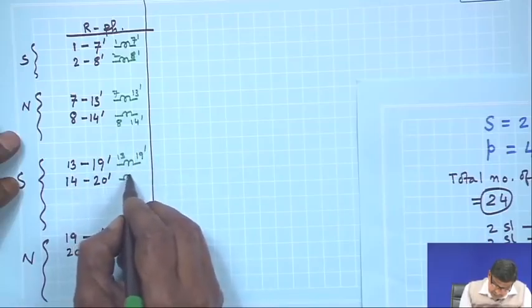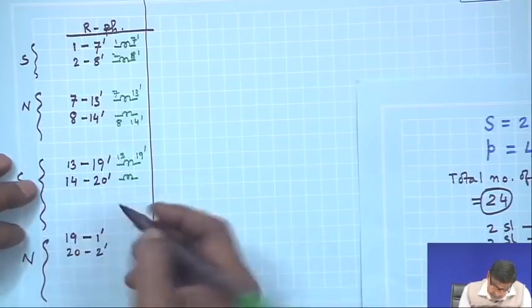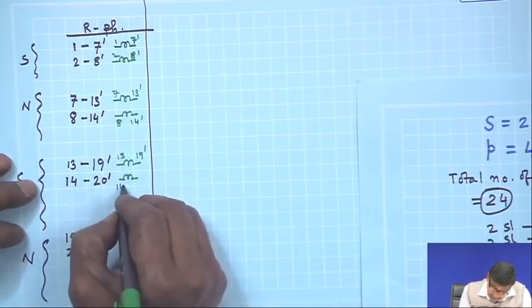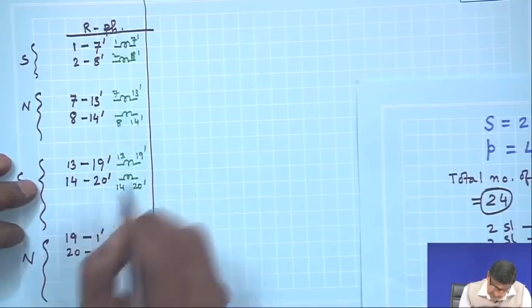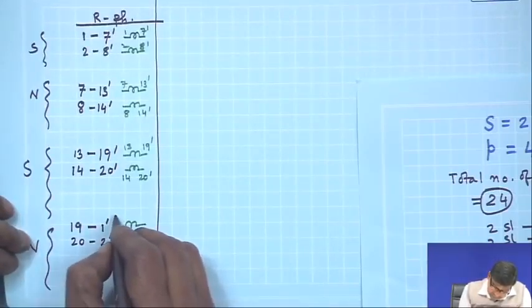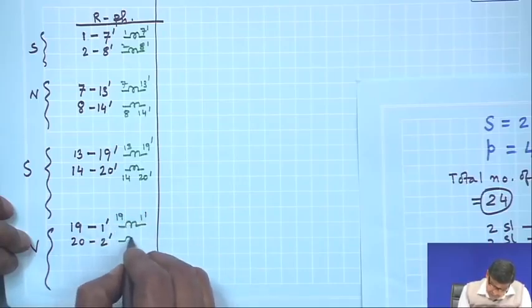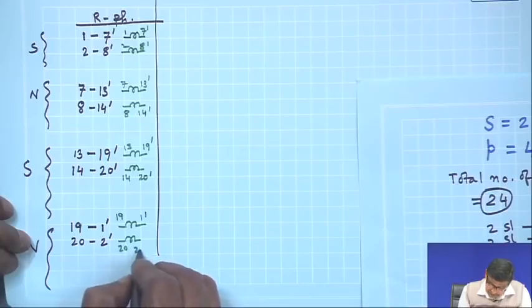Any inconsistent number you can point it out to me if I have done any mistake, 24 20 dashed and then you have 19 1 dashed and this is 22 dashed.